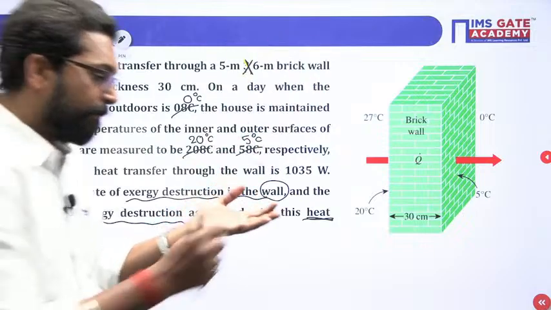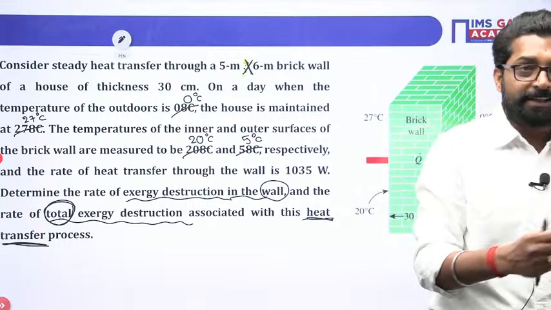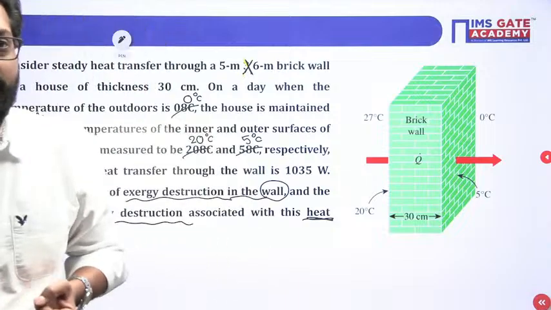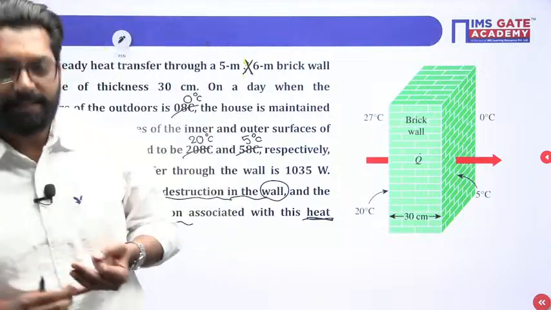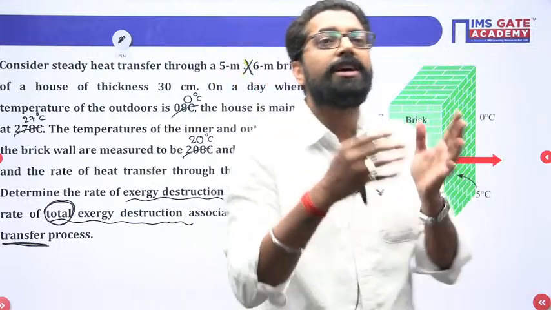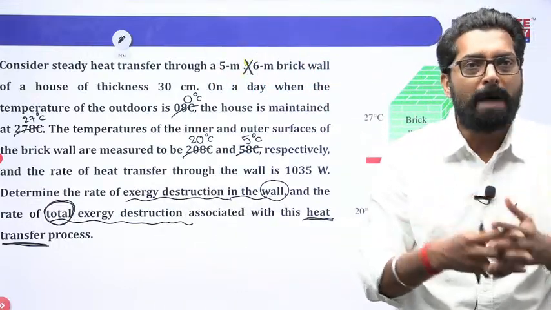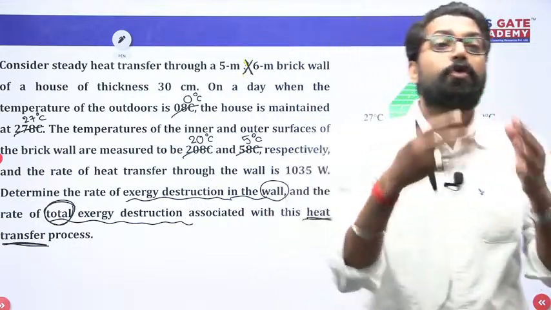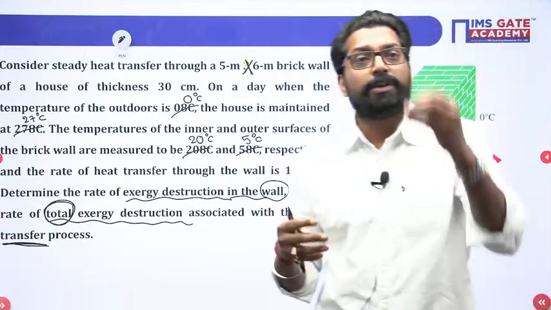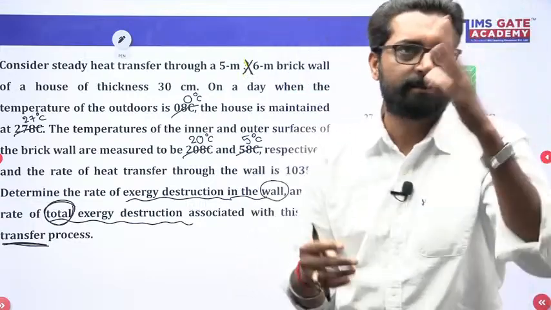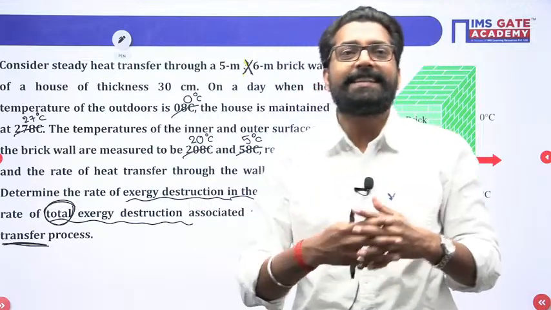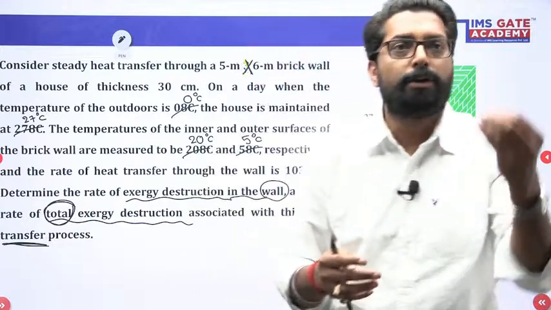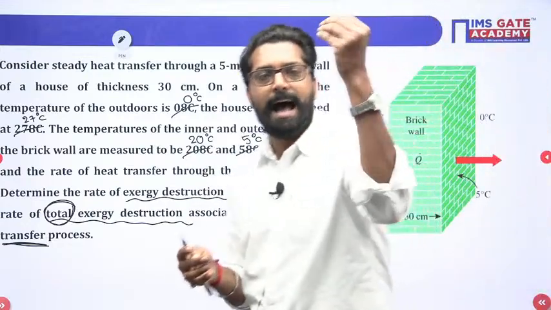So, what is the balance? There are three balances: energy balance, entropy balance, and exergy balance. In energy balance, energy transfer is associated with heat, mass, and work. For entropy balance, the entropy transfer is associated with only heat and mass. For exergy balance, the exergy transfer is due to heat, mass, and work.